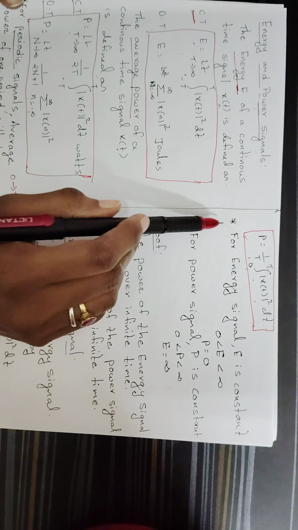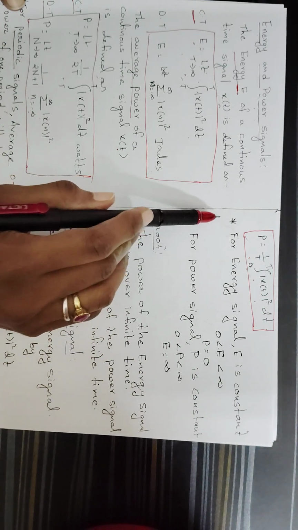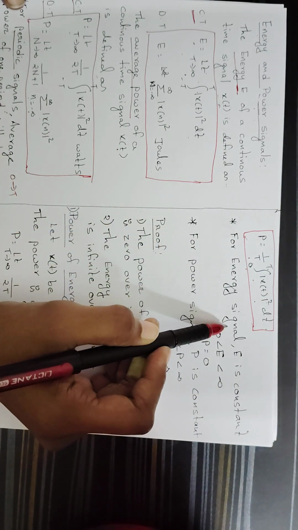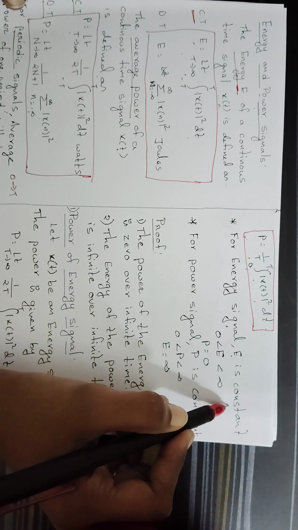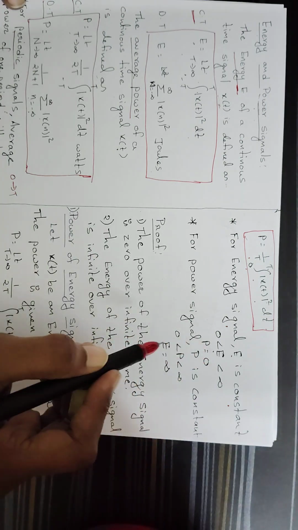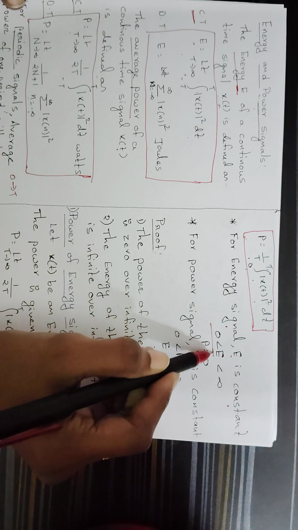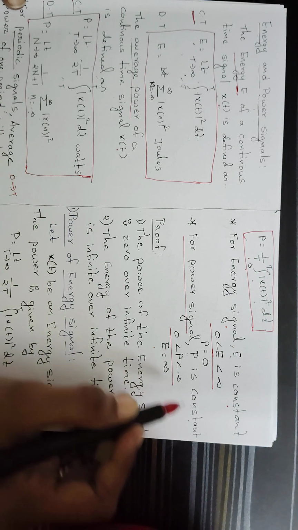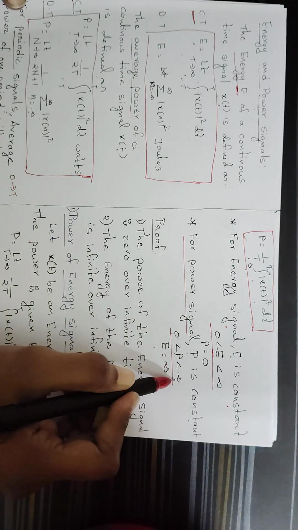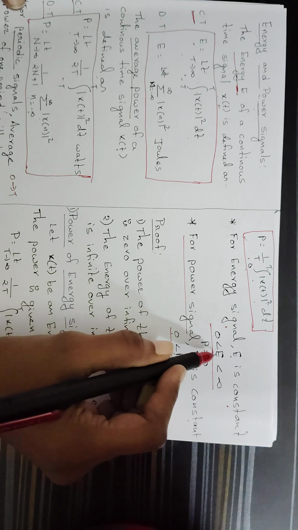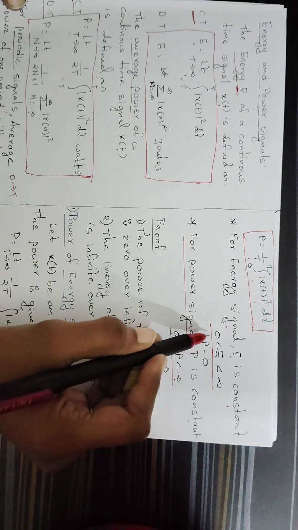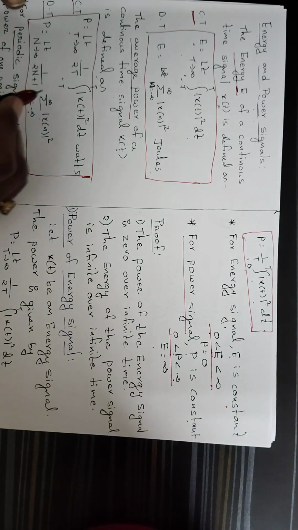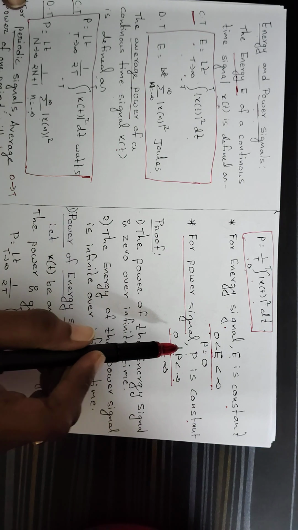Two important points from the exam point of view, or the GATE exam point of view. You have to remember that for energy signals, E is constant, and for power signals, the power is constant. If it is an energy or power signal, the value is between 0 and infinity, meaning it has some finite value.